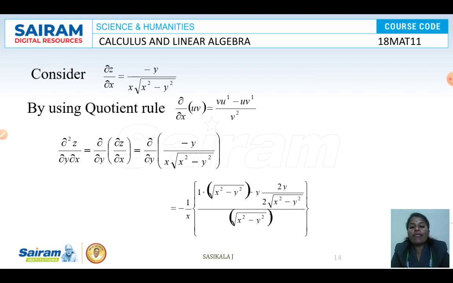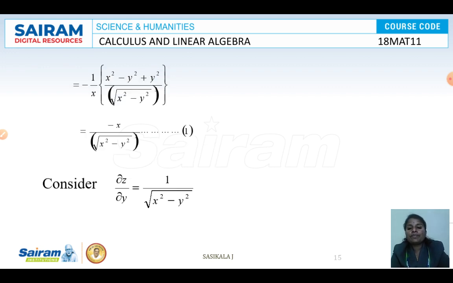Now in the same way, for the next differentiation you should use the quotient rule. So you have dou by dou y of minus y by x into root of x squared minus y squared. You take the denominator into differentiation of numerator, minus the numerator into differentiation of the denominator, by denominator the whole square.